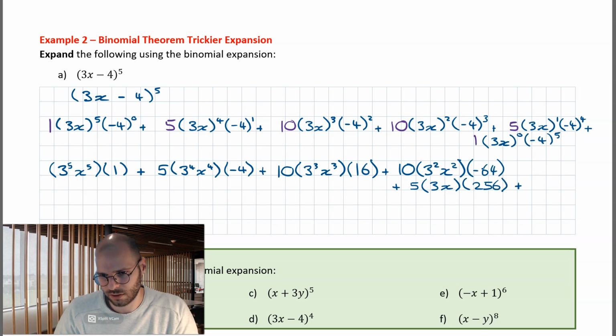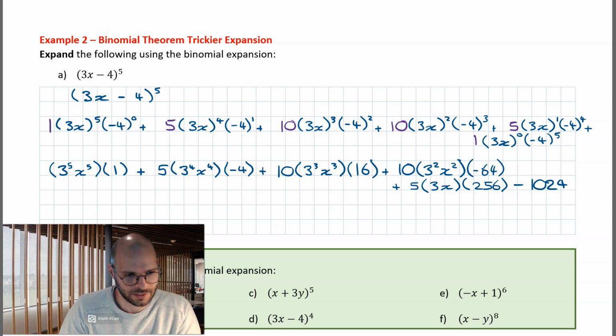Plus, we've got the 3 to 0, which is 1, x to the 0, which is also 1. So that's just going to be minus 4 to the power of 5. And minus 4 to the power of 5 is going to be, well, firstly it's going to be negative, and then it's 4 times 256, so that's 1024.